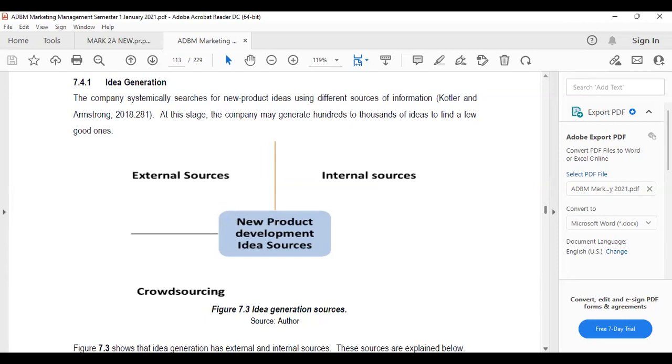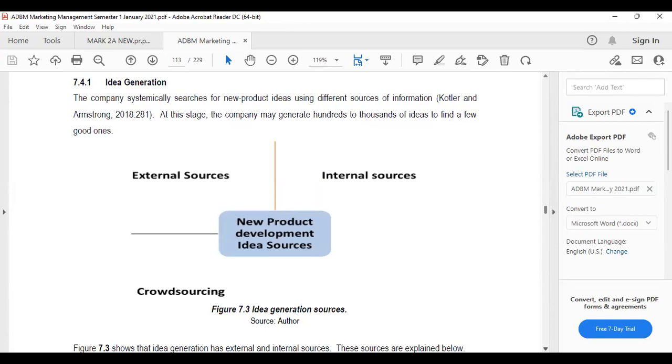Now here we have idea generation. That's the first stage that we are going to talk about. This is the first stage of the process for product development. This is where it all starts. It is actually the application of methods and ideas to generate ideas.